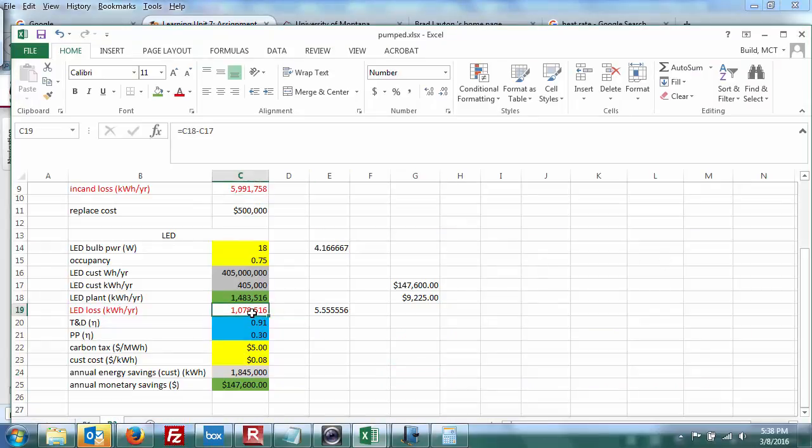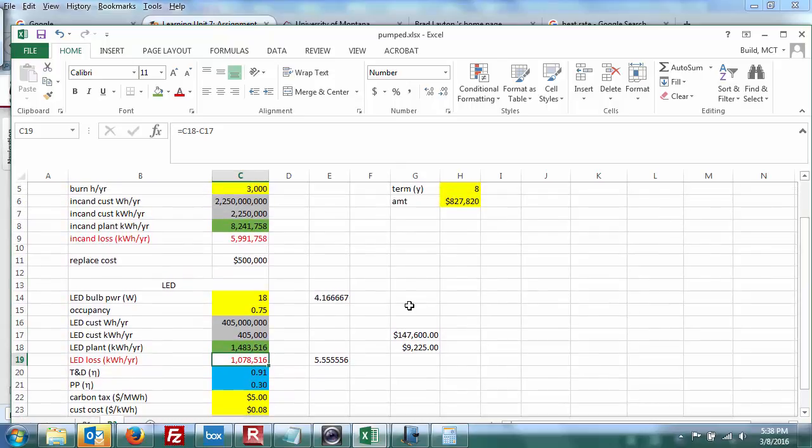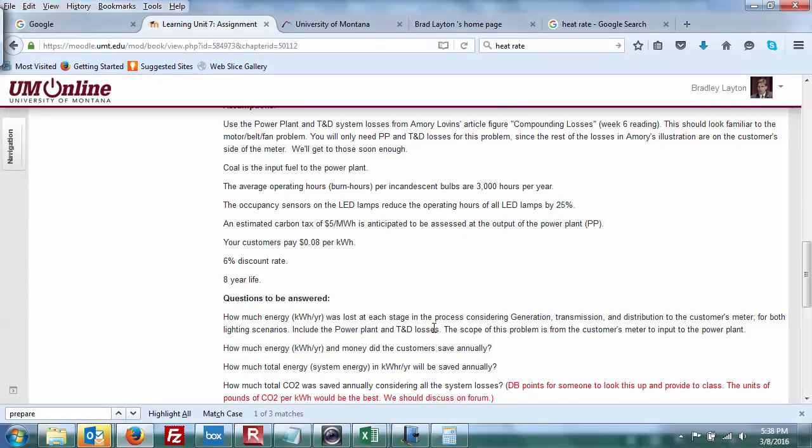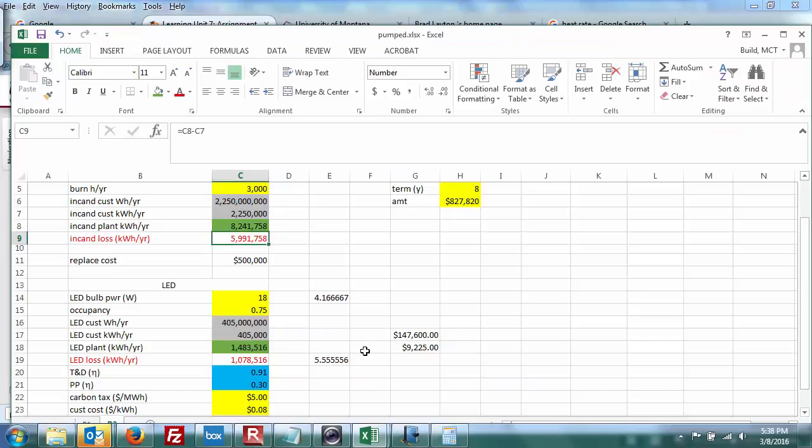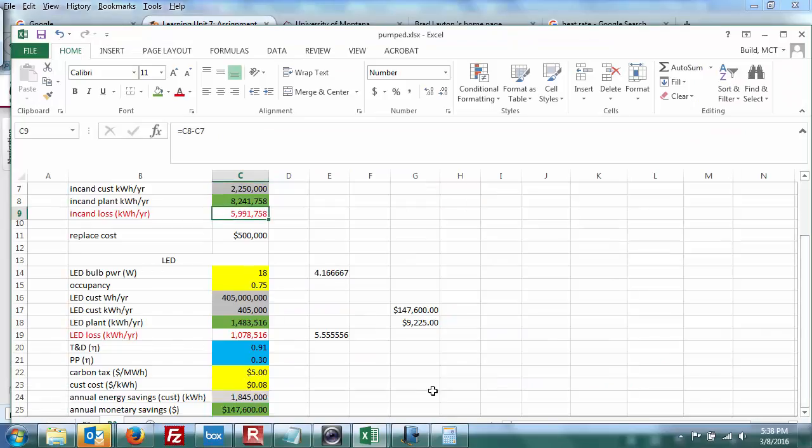Well, that's how much in the LED, and that's how much in the incandescent. So we got that. Perfect. Nice. How much energy and money? Well, just answered that too. There's the energy, there's the money.